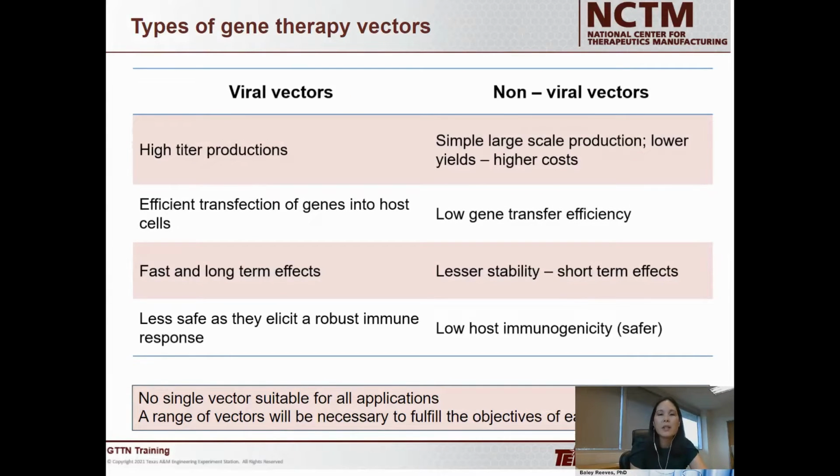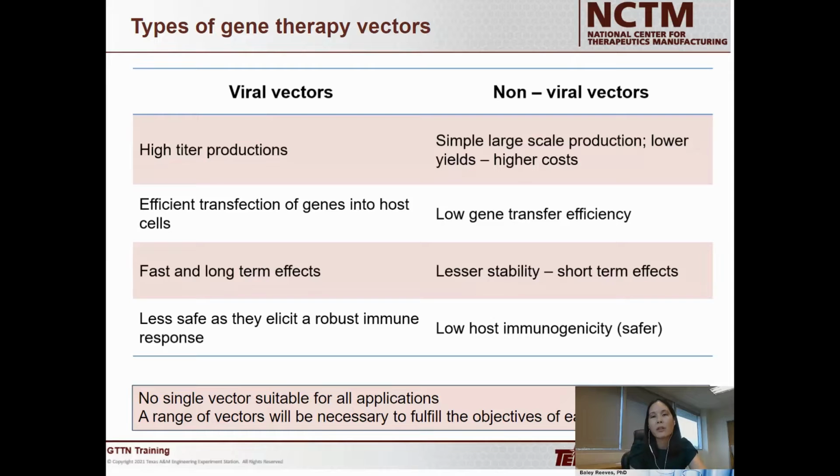So a comparison between viral vectors and non-viral vectors. Viral vectors tend to be a little bit more preferred just due to the reasons on this slide. Generally, you're able to get higher titers for viral vectors compared to non-viral vectors. Long-term effects, they tend to be a little bit safer in terms of immune reactions as well.